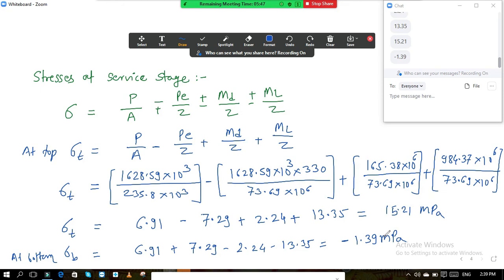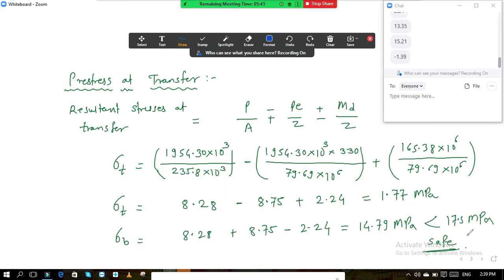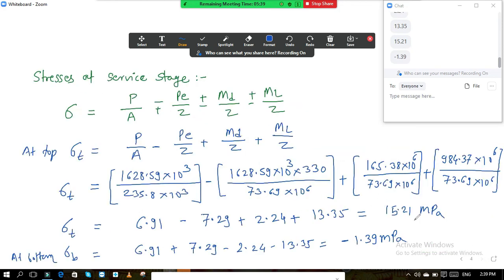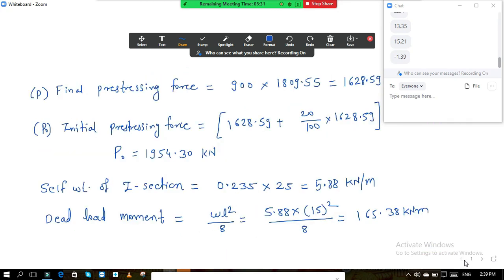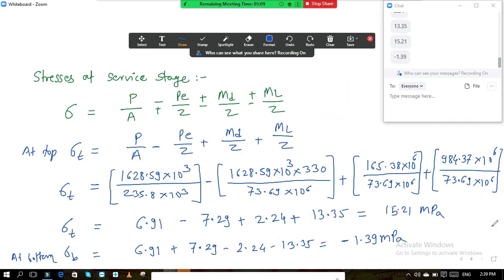This is the design of the I section where we take the check at transfer, and once it is set we calculate the stresses at service. What are the stresses at service? So this total is the design. I think for today we have done so much.